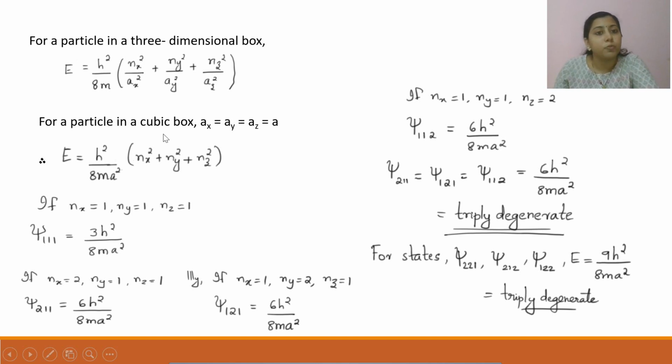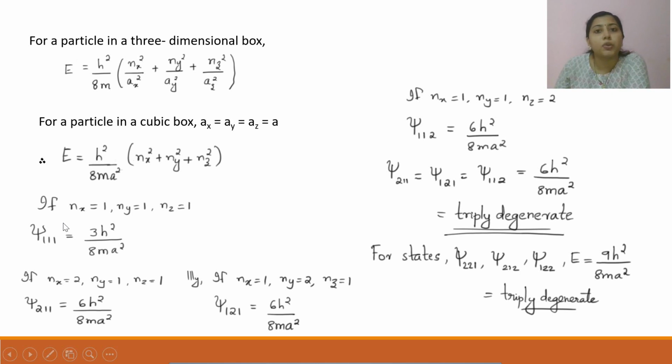If the particle is in a cubical box, then the three sides are equal, that is, ax equals ay equals az, let it be equal to a. Therefore, the energy level expression becomes E equals h square by 8ma square into nx square plus ny square plus nz square. Now let's see how degeneracy arises.